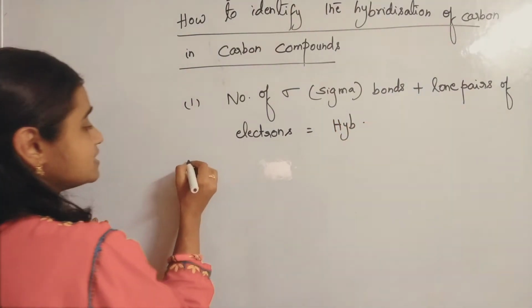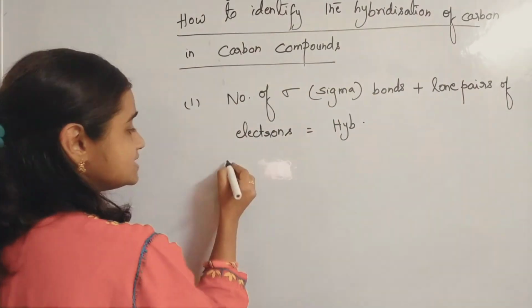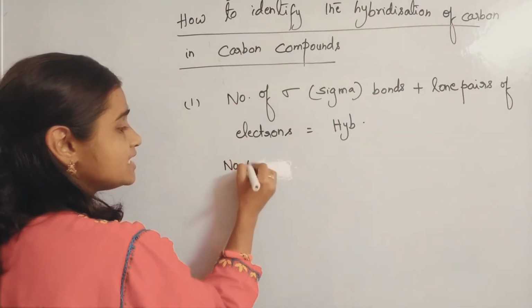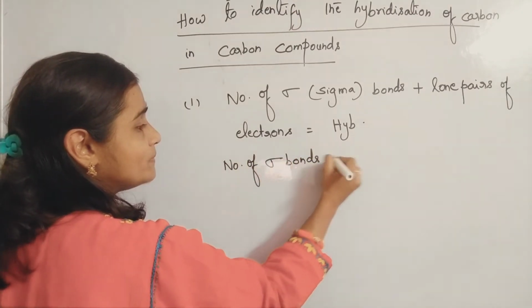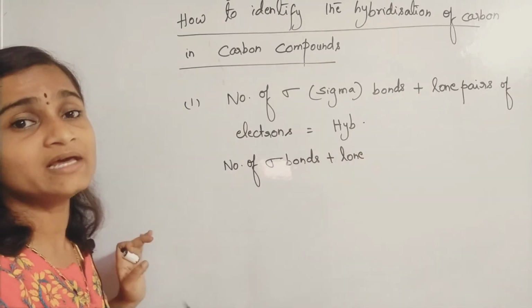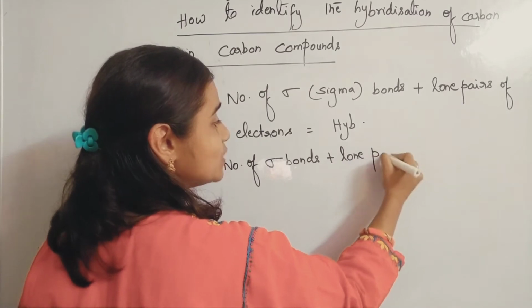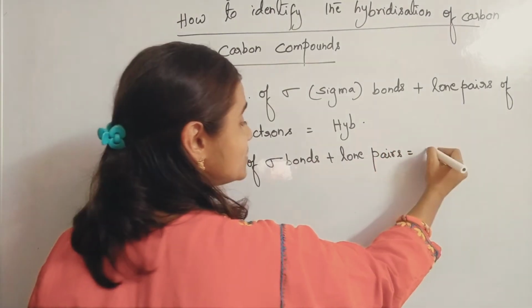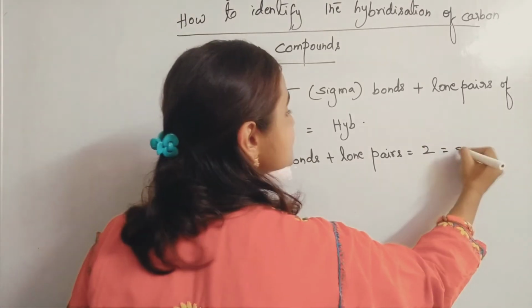If the number of sigma bonds plus lone pairs is equal to 2, then the hybridization is sp.